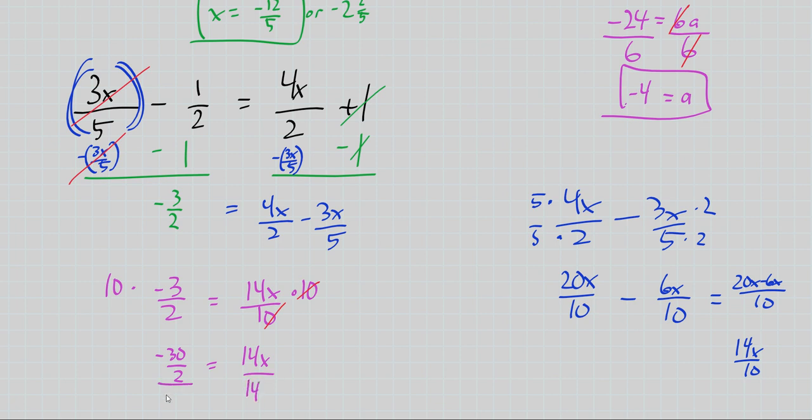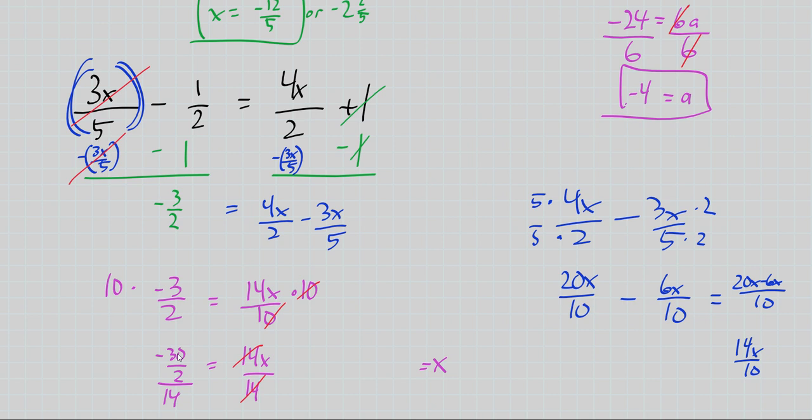I want my x to be alone, so let's do that. Divide by 14 on the right. Everything is beautiful on the right. It's just x. On the left, I have negative 30 over 2 divided by 14. Negative 30 over 2, though, for those of you who know your times tables, that's just negative 15.